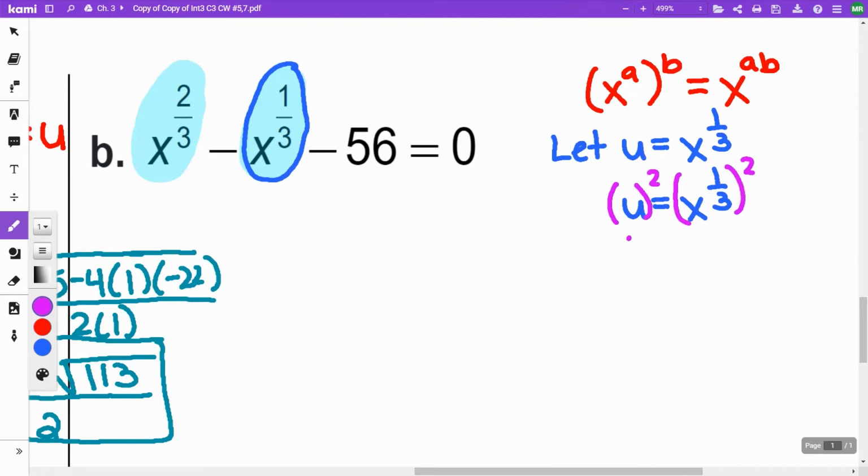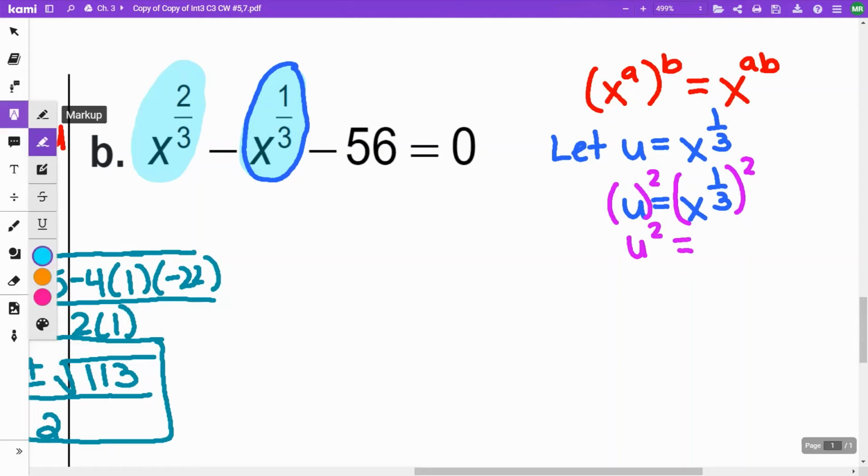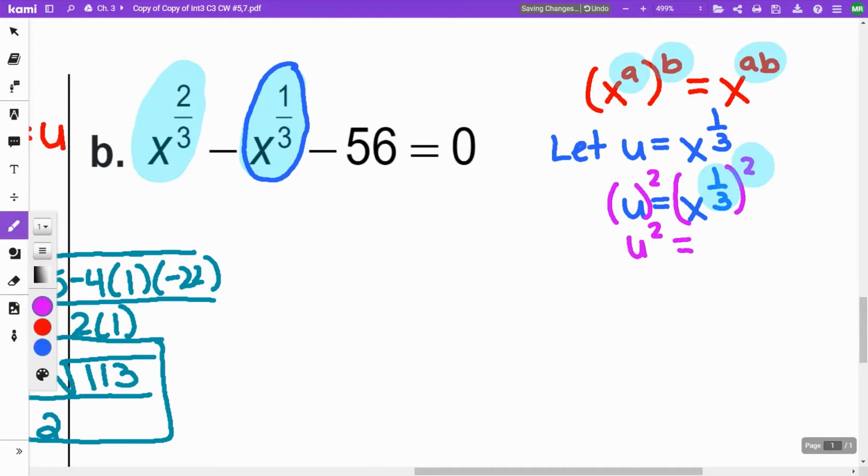When I do, I'm going to get a u squared. And when I have power to power, I multiply. So here, power to power, I multiply. And I'm going to end up with x to the 2/3. So now, hopefully what you'll notice is this is x to the 2/3.